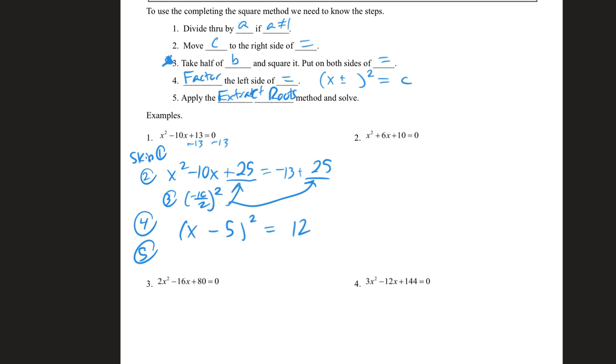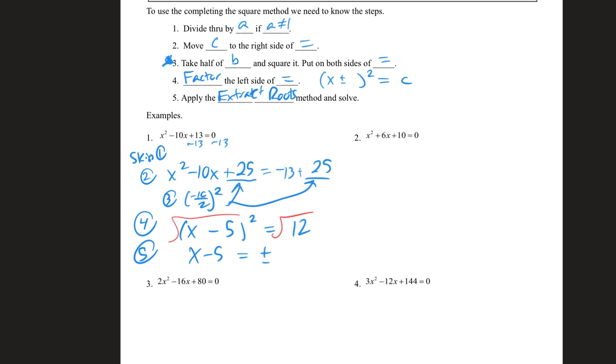And then I solve what's there by extracting the square root, so I can take the square root of both sides. The square root of x minus 5 squared is just x minus 5. And then the square root of 12, remember we said we're solving an equation, we take a square root, that has to be plus or minus. Okay? And then I need to simplify that square root, right?